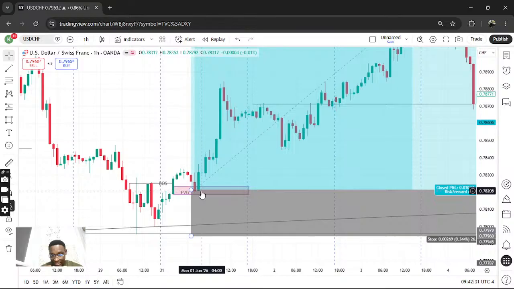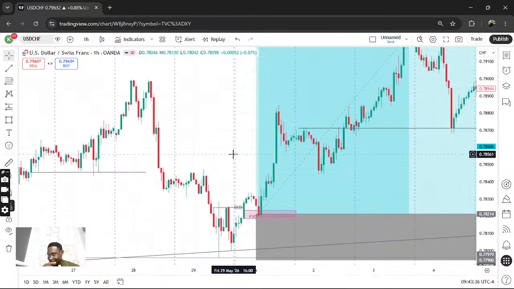Now, as a trader, I already told you, you don't only trade order blocks. You don't say there is no order block, there is no fair value gap, and you forget everything about support and resistance.